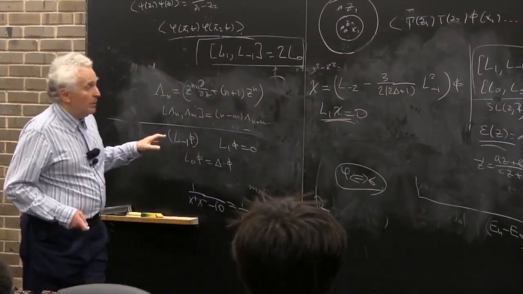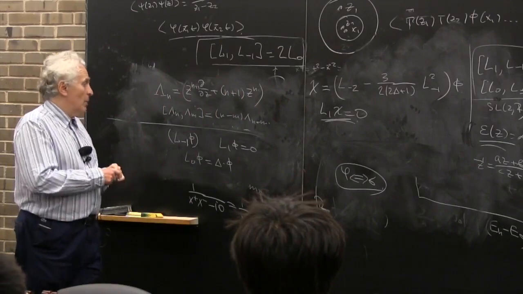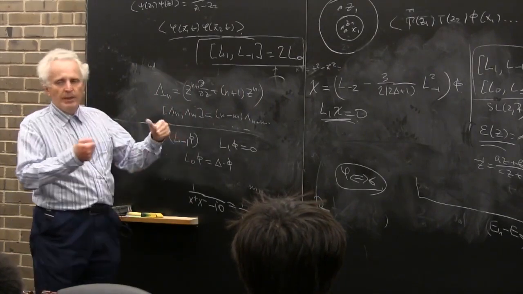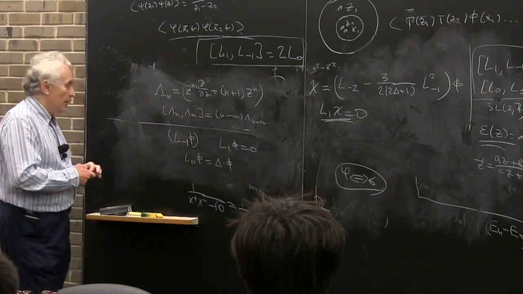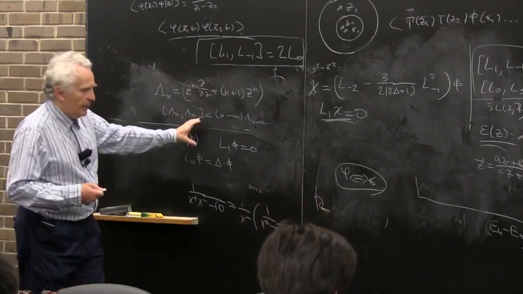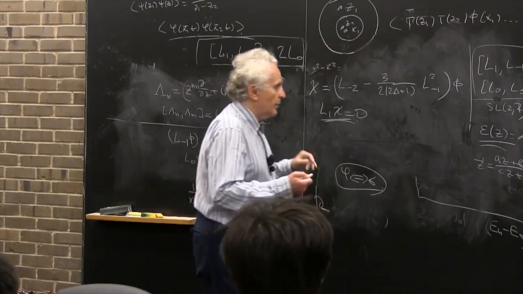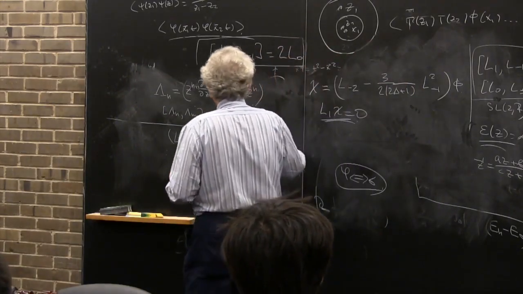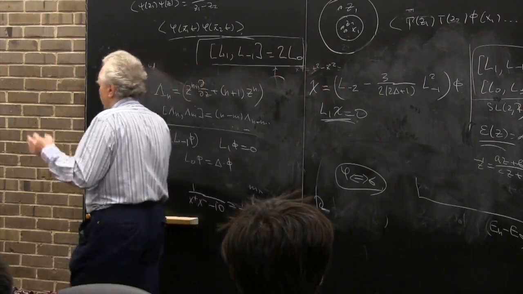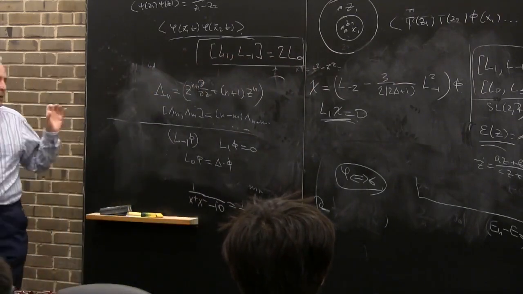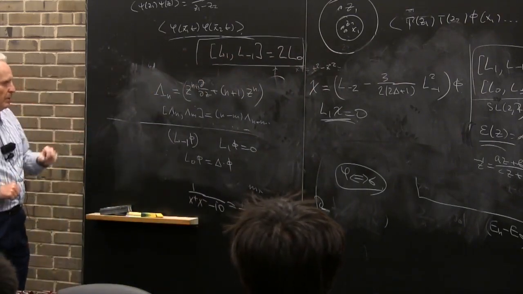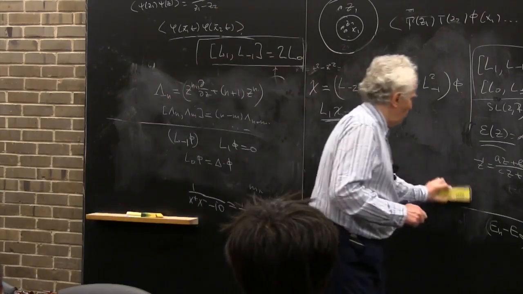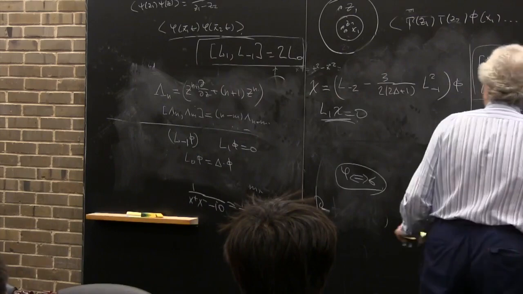Then you can also go to quantum theory and introduce creation and annihilation operators and define L in terms of these operators. That's also possible. And then there will be the correspondence between primary operators and the states, and the unit operator will correspond to the vacuum.